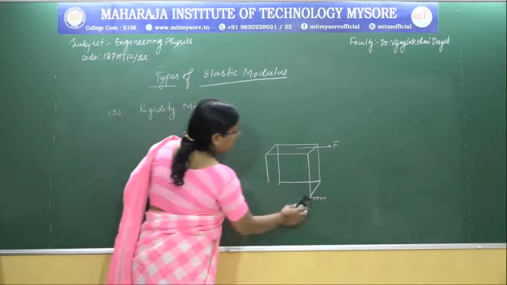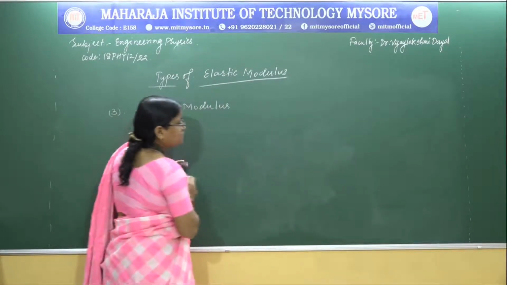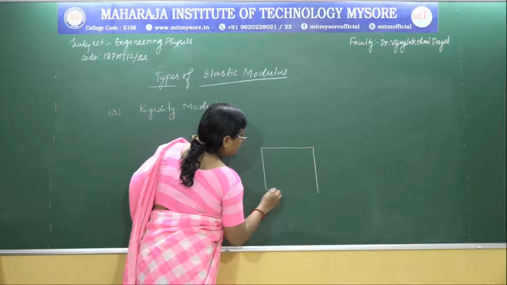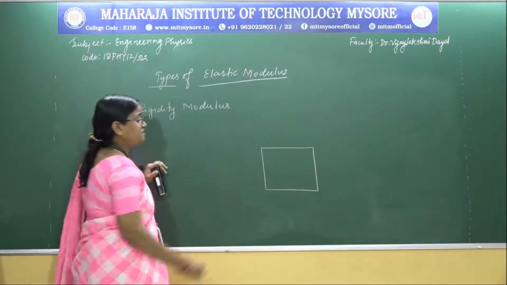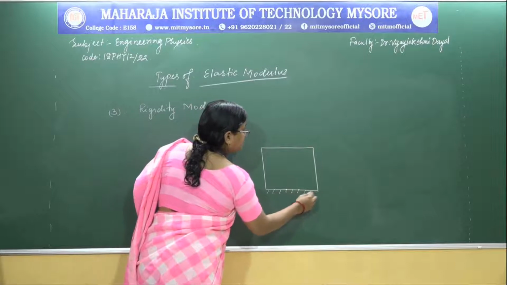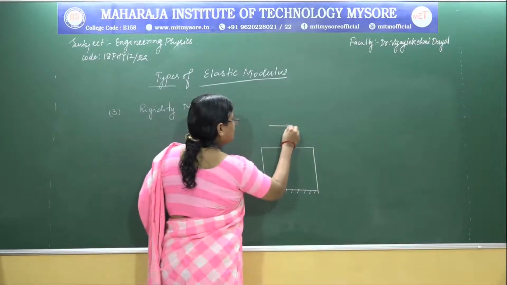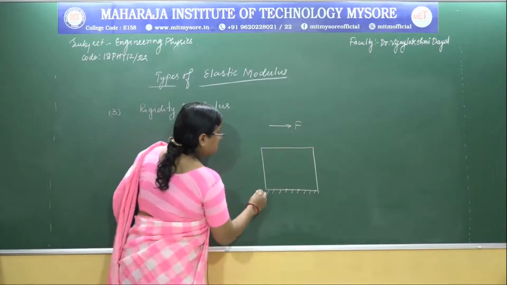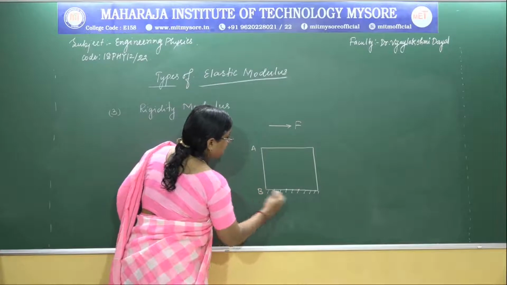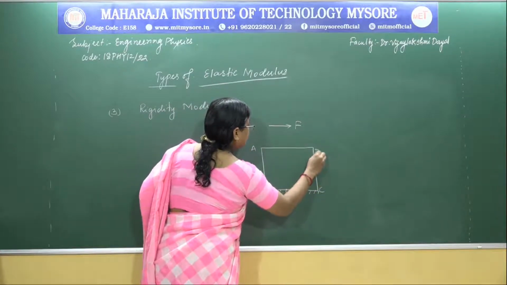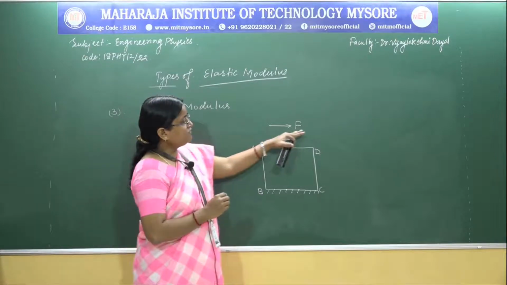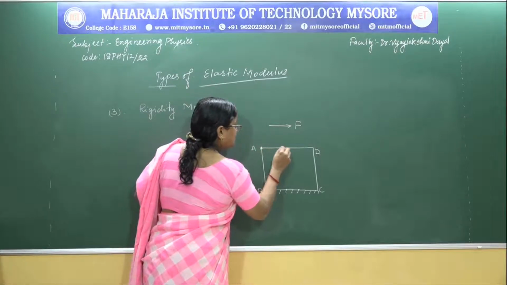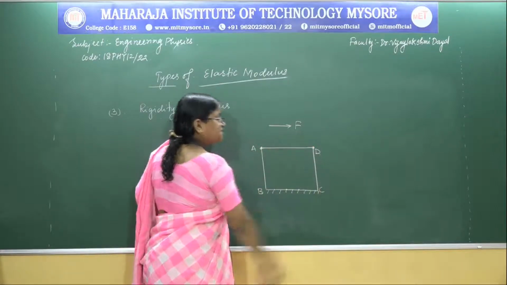So, now we will draw one such surface where the force is applied. We will consider one such face, bottom is fixed and on the upper surface the force is applied. We will name this A, B, C and D. Now, when we apply the force tangentially, the upper surface changes position.